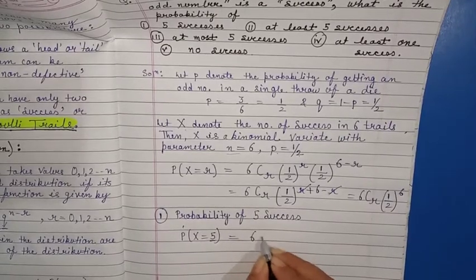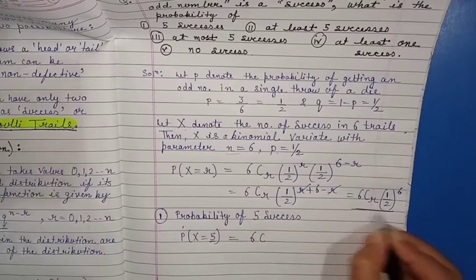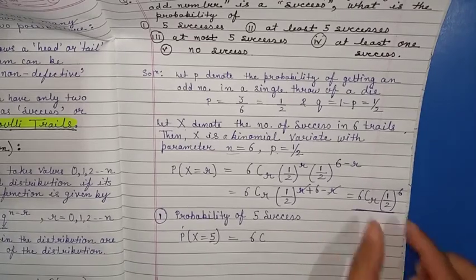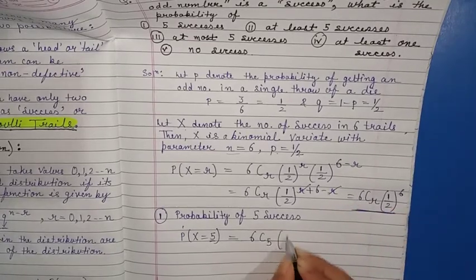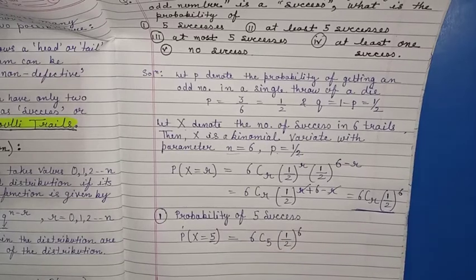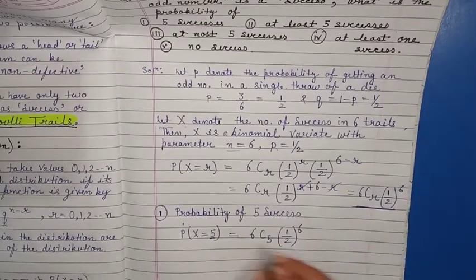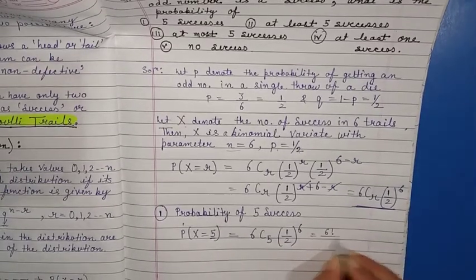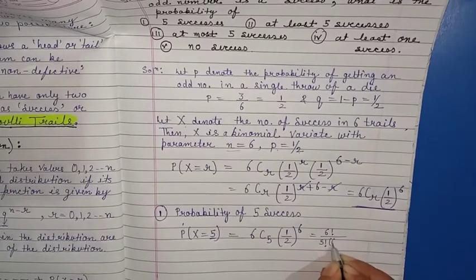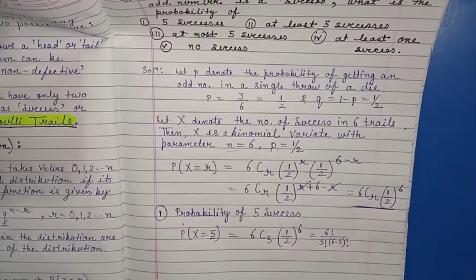So you have to find 6C5 into 1 by 2 to the power 6, because my whole formula is reduced to this. Now you know that 6C5 means 6 factorial by 5 factorial into 6 minus 5 factorial, you know this combination.